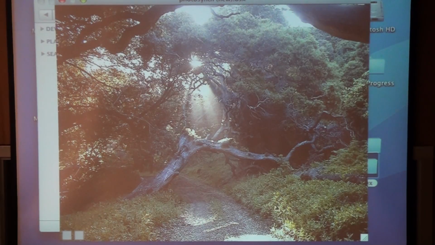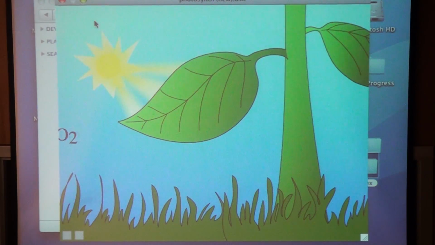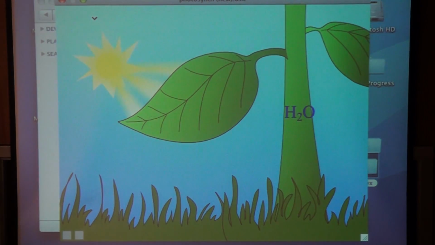Every time sunlight shines on a plant, it captures some of that solar energy in this process called photosynthesis to meet its energy needs. And to be a little bit more specific, what the plant is doing with that solar energy is manufacturing glucose. The actual chemical equation looks like this.